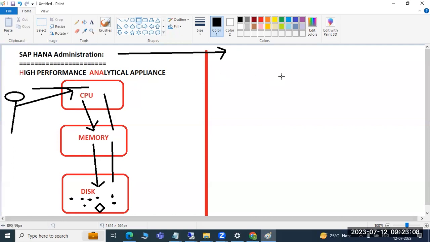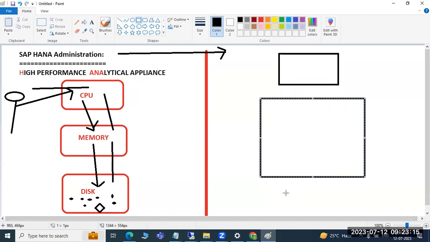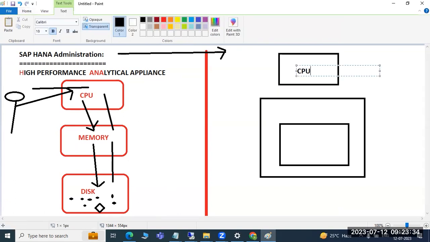Compared to the other databases, we have the CPU and memory, but when it comes to the disk storage, they have maintained the data to be stored in memory only, in the main RAM memory.